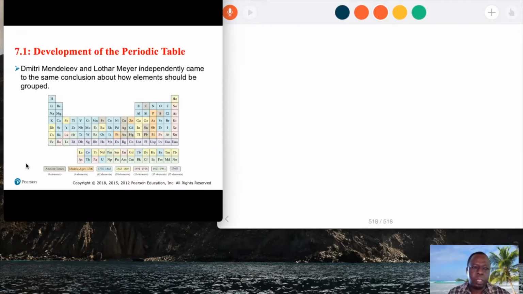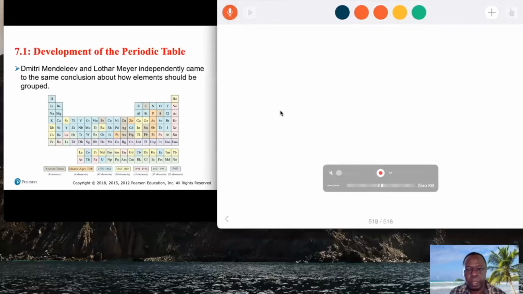So there are a lot of scientists working on organizing the periodic table, organizing the elements. Basically, they were basing it on two things: the physical and chemical properties of those known elements at the time.